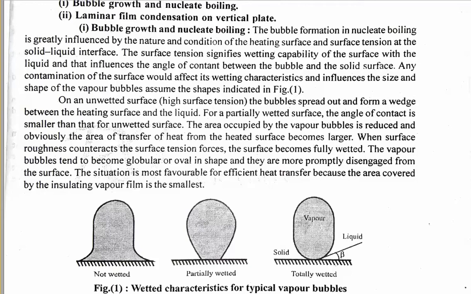When surface roughness counteracts the surface tension force and the surface becomes fully wetted, the vapor bubble tends to become globular or oval in shape, and they are promptly disengaged from the surface.